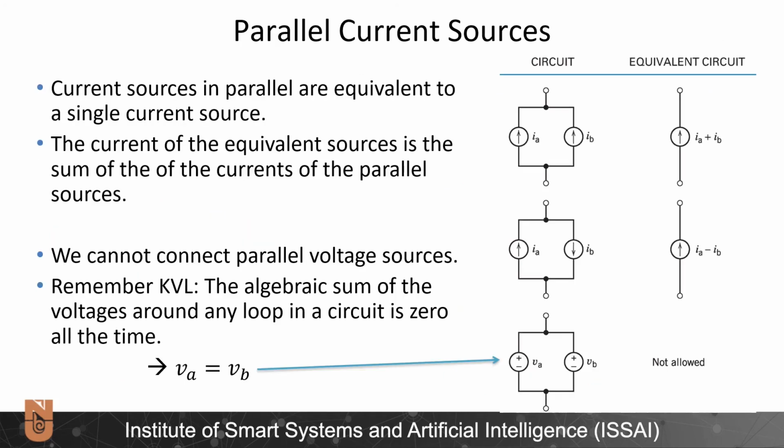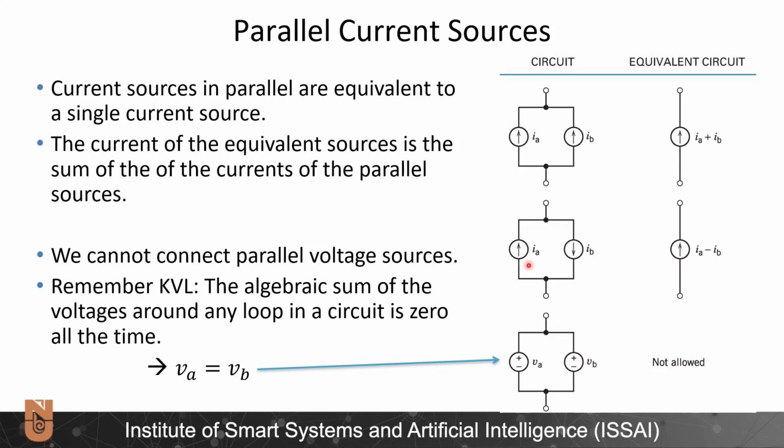Current sources in parallel are equivalent to a single current source. Here I have IA and IB flowing in the same direction, and the resultant equivalent circuit is a single current source with IA plus IB amount of current.